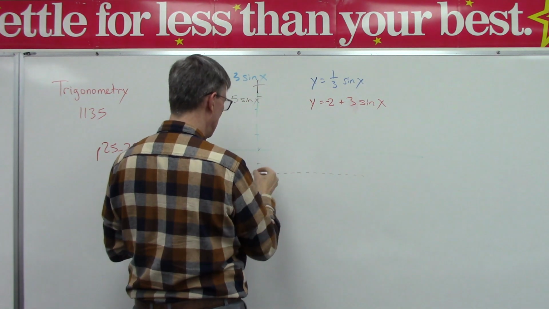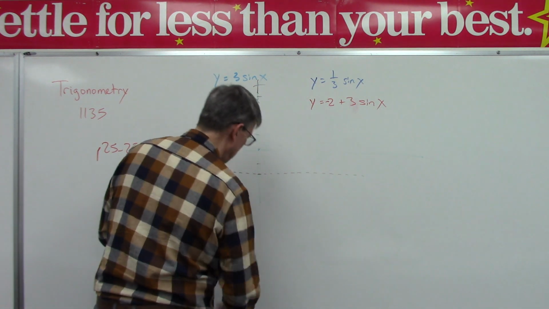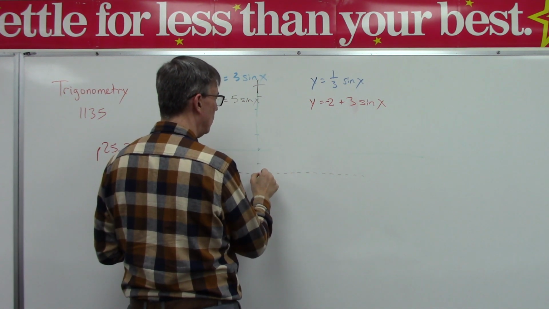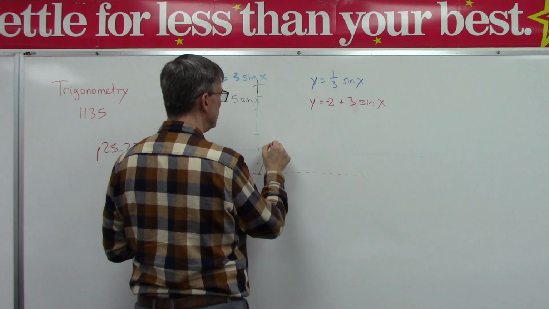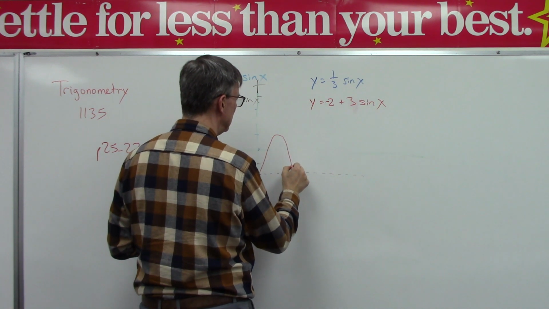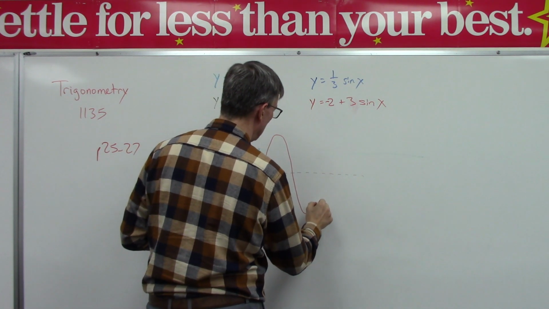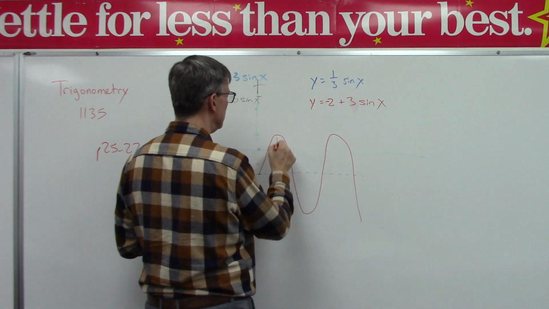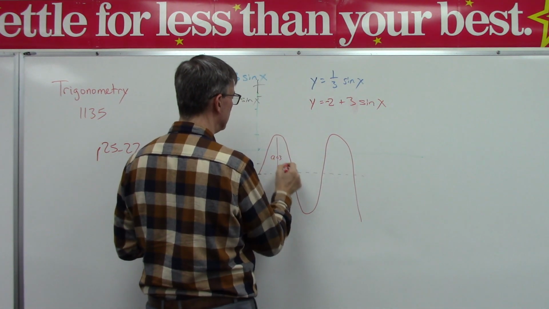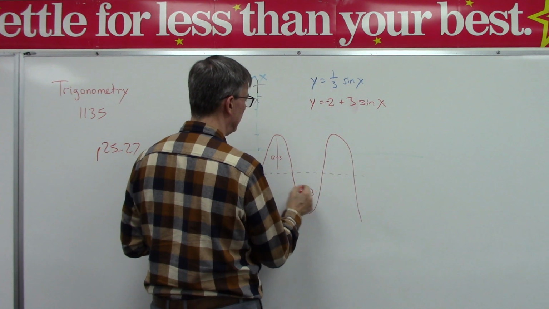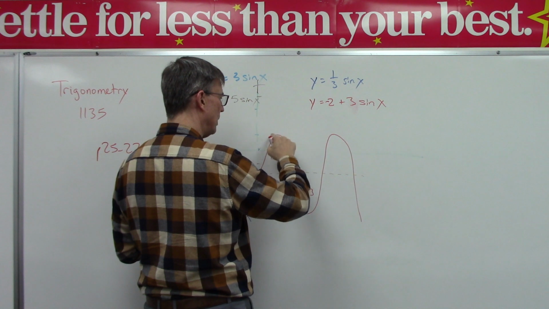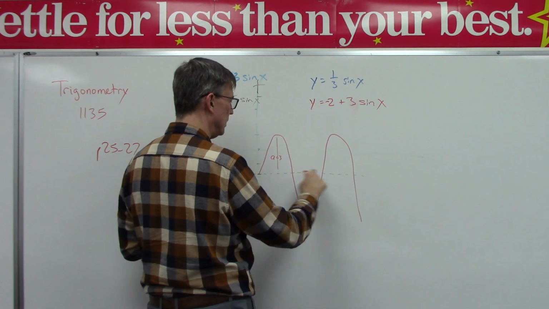So it's a sine of x. It's going to start here instead of up here, and it's going to go up 1, 2, 3, and down 3 below, and then 3 above, and 3 below, okay? So the amplitude is 3, and it starts at -2, so it's going above and below this line.